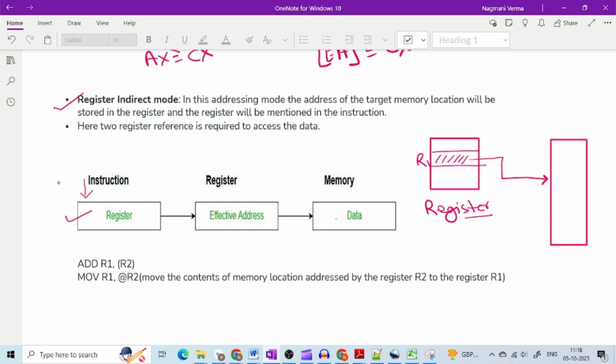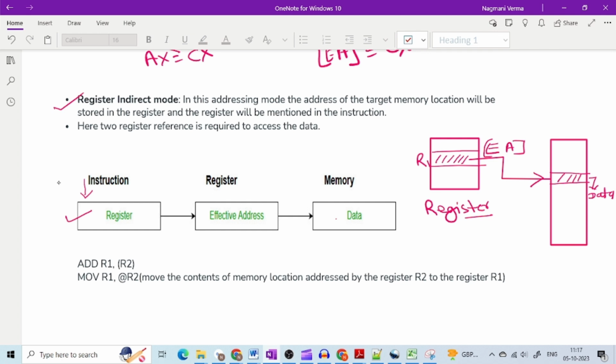It will tell you from which location we have to take the data. This is the data, and this is the effective address. So where will the effective address be? In the register. And where is the data? Data is in memory. So the register will contain the address of memory.